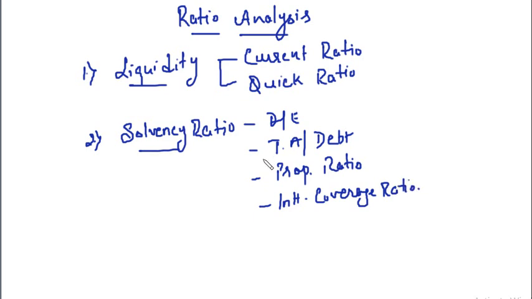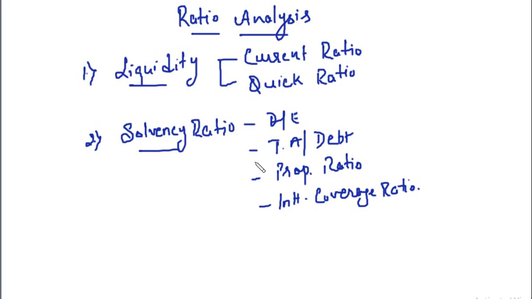And the solvency ratios talk about the long term analysis about the financial position of the business. Clear? So we have covered these two type of ratios, liquidity ratios and the solvency ratios.